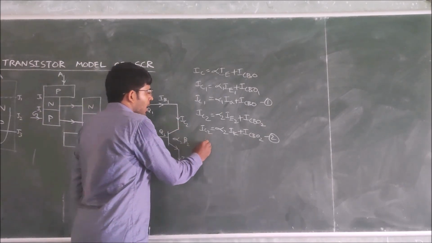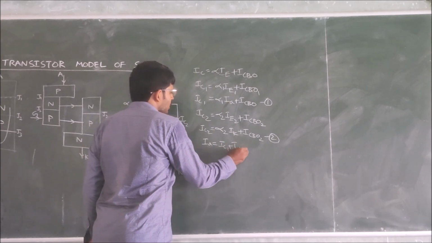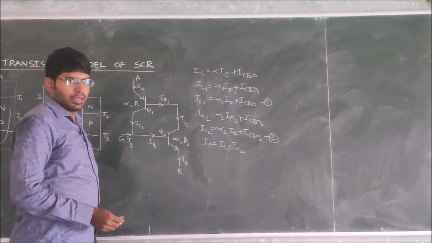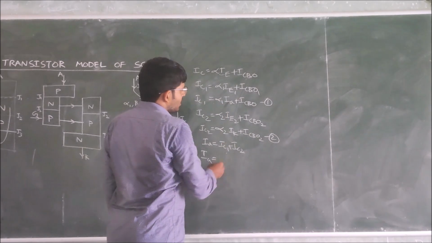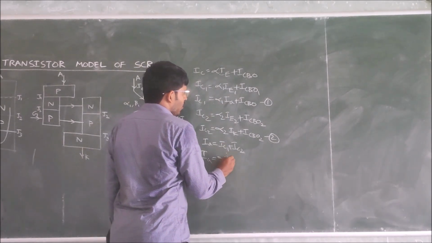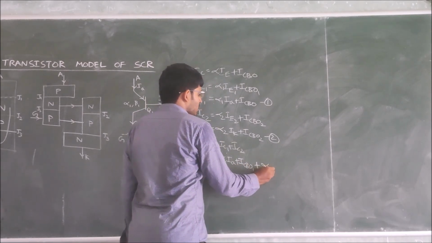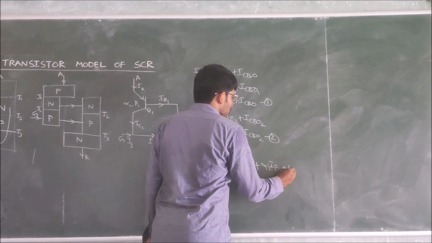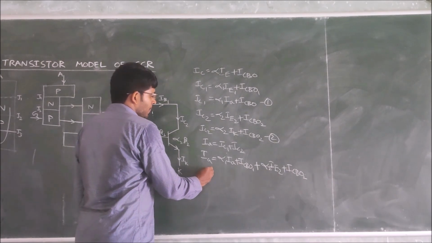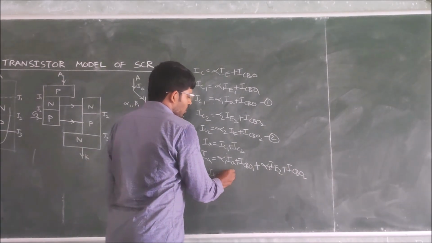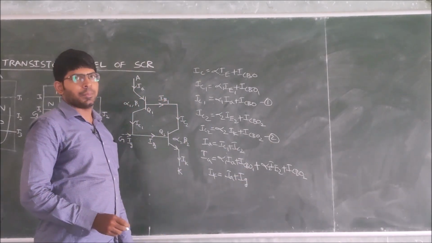Now, IA is equal to IC1 plus IC2. And when the gate is triggered, IA is equal to, what is IC1? Alpha 1 IA plus ICBO1 plus alpha 2 IE2 plus ICBO2. When the gate is triggered, the cathode current IK is equal to anode current IA plus gate current IG.